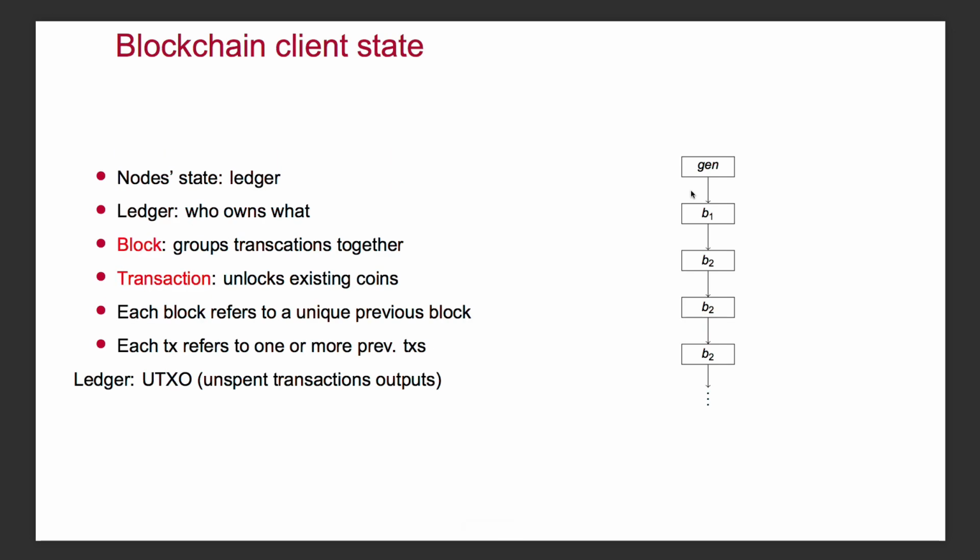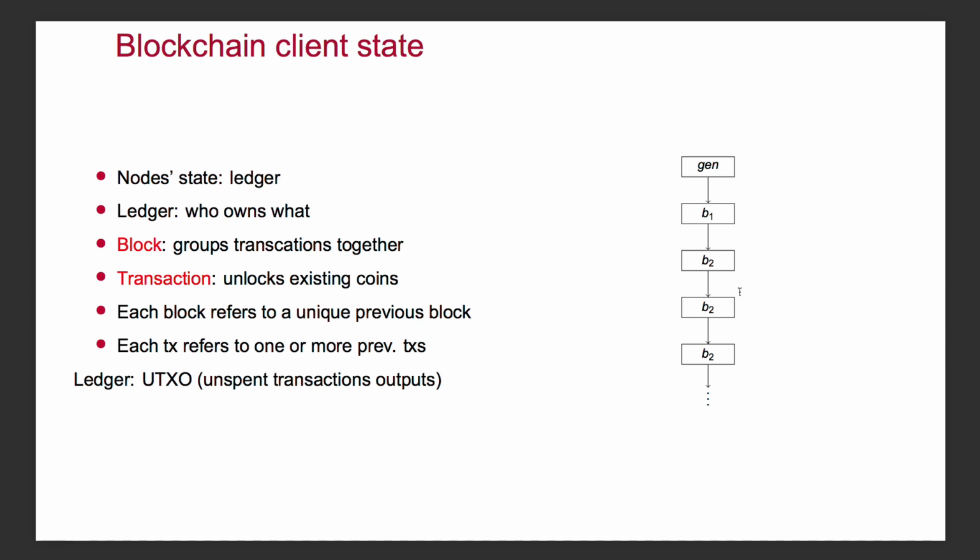So if we take a look in a little more detail at what a blockchain client does, the state it keeps is the ledger, obviously, who owns what, and it keeps blocks. Blocks contain transactions.